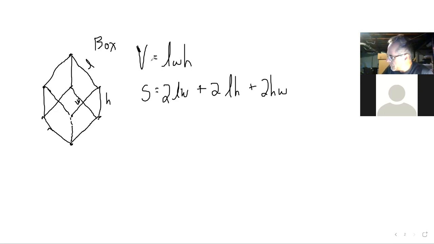Now, this is just for a regular rectangular box where length and width can vary, they would not be the same, and the height would be something else.